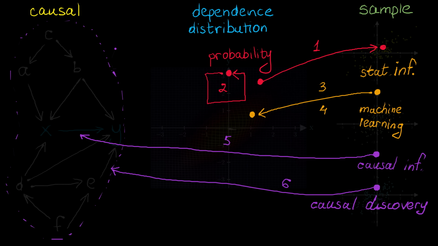Finally, causal inference is about using the sample of data we have to learn usually only about one single variable at a time in the causal universe. For example, we will look at a super important model called regression.